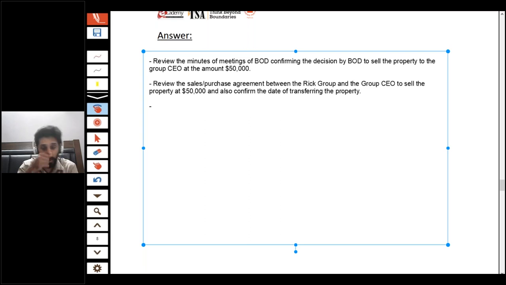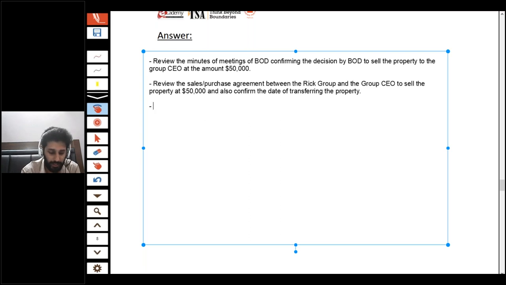transferred from the group to the group CEO, it should be removed from your NCA register. It should be removed from the NCA register, right? And one thing is that, okay, I'll write it later on.